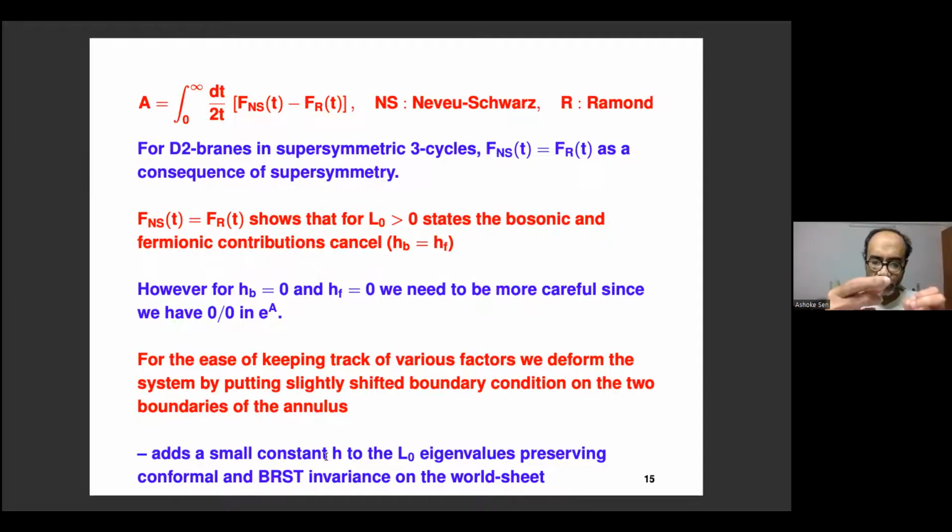So when you calculate the annulus partition function, instead of calculating it for open strings with both ends lying on the same D instanton, you imagine that you are calculating it for open strings with ends on two different D instantons, coincident. They are physically identical. And now I'm saying that let's just pull one of the D instantons a little away.